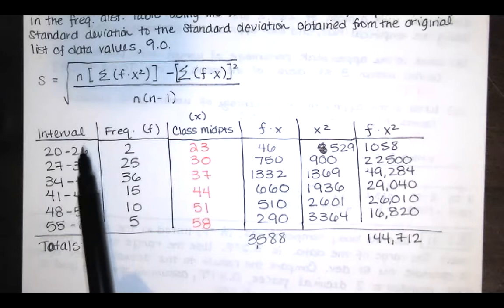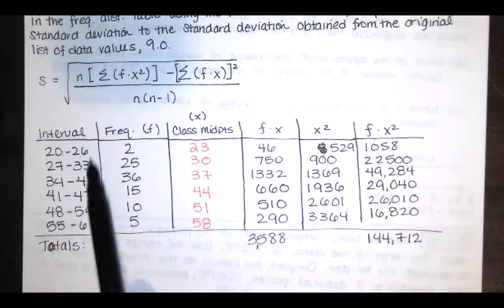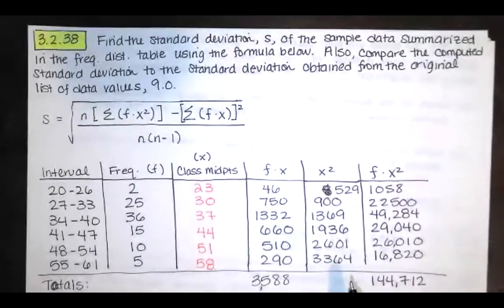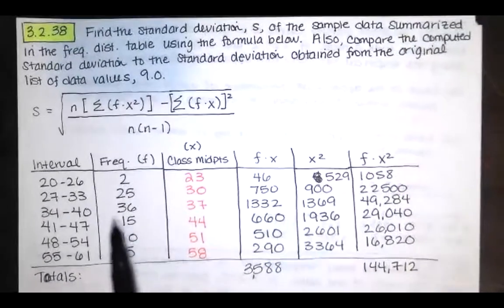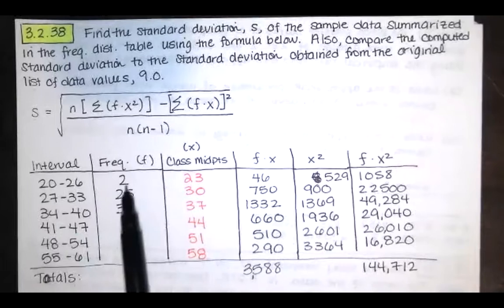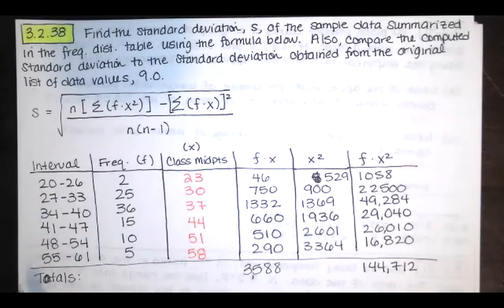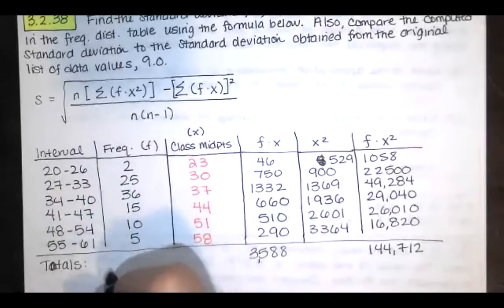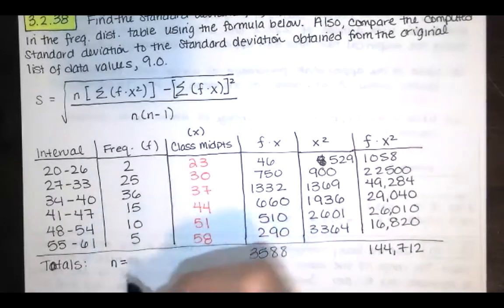So even if I don't know what these numbers represent, and unfortunately from the problem statement I don't know what they represent, I know I had 2 values between 20 and 26, 25 values between 27 and 33, and 5 values between 55 and 61. If I want the total number of values, that's represented by n, our sample size.